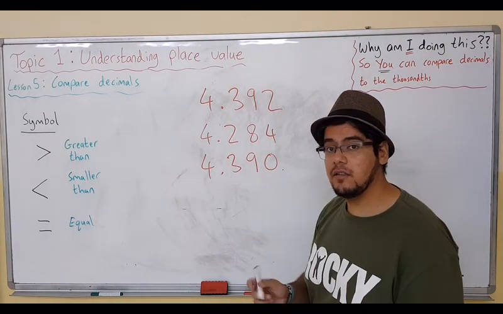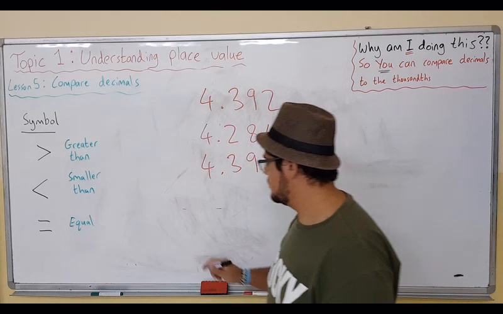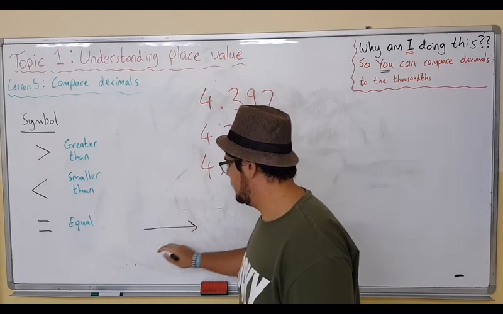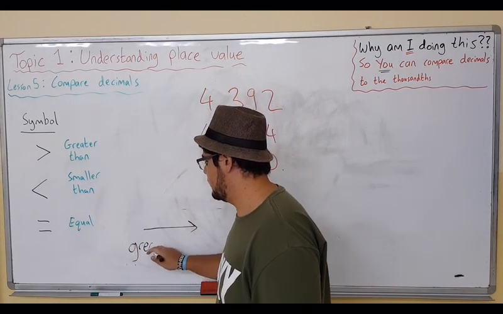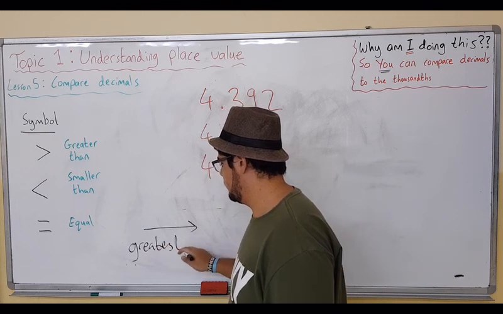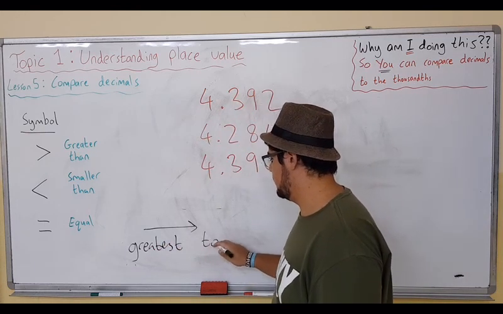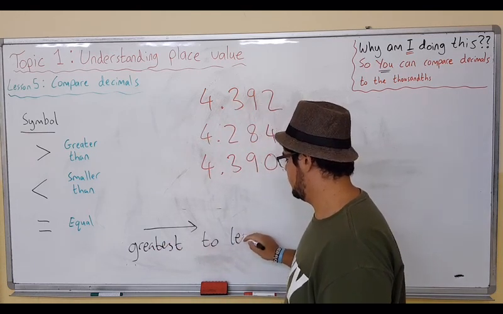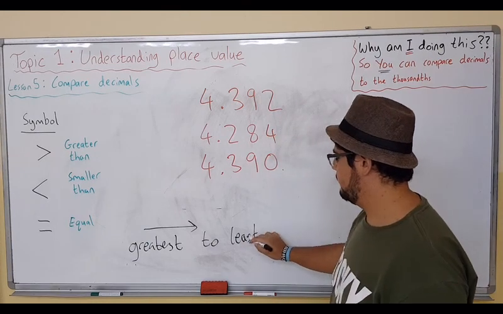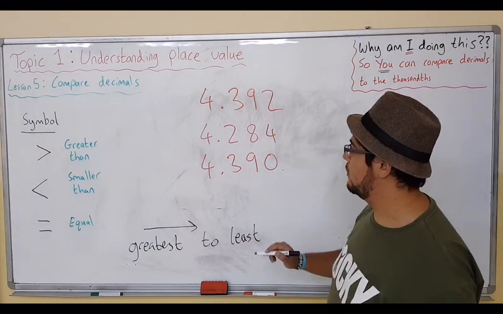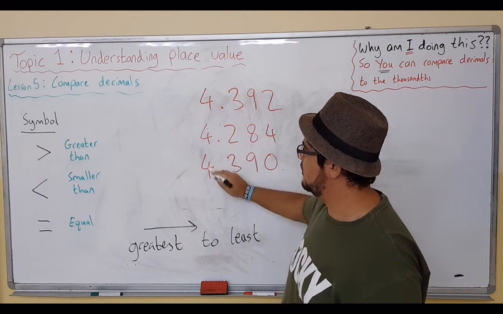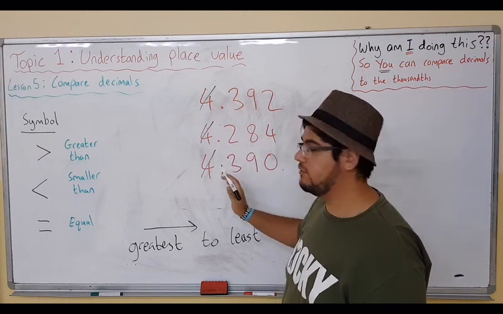Let's find the greatest first. Greatest to the least, right? Okay, so 4, 4, 4, it's all the same, cross it off.